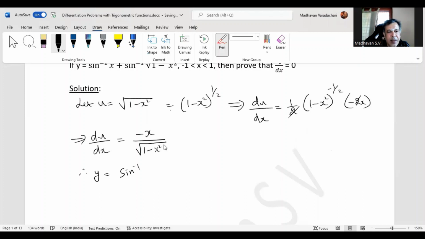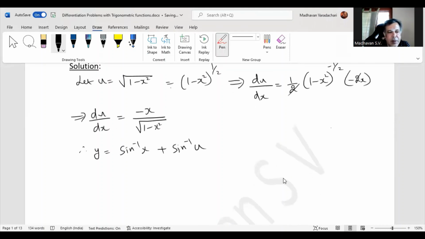So now our y can be written as sine inverse of x plus sine inverse of u, which means our dy by dx will be, if I differentiate sine inverse of x, I will have 1 divided by square root of 1 minus x square.